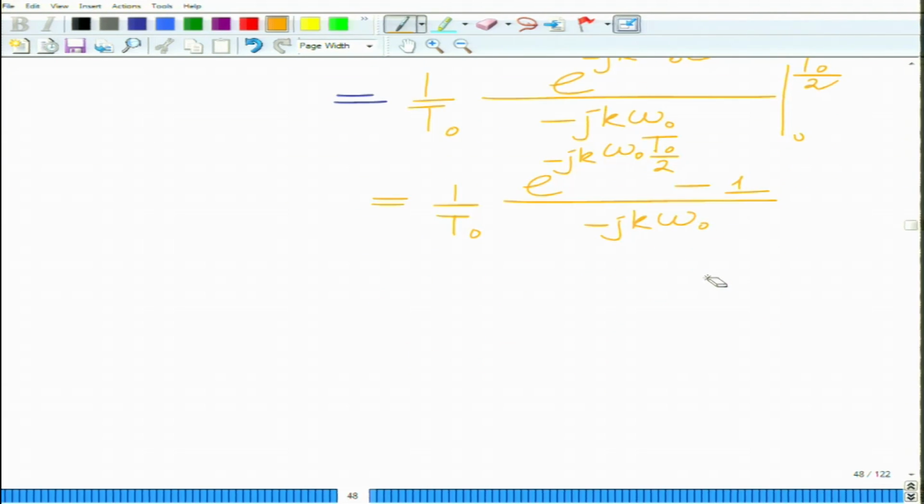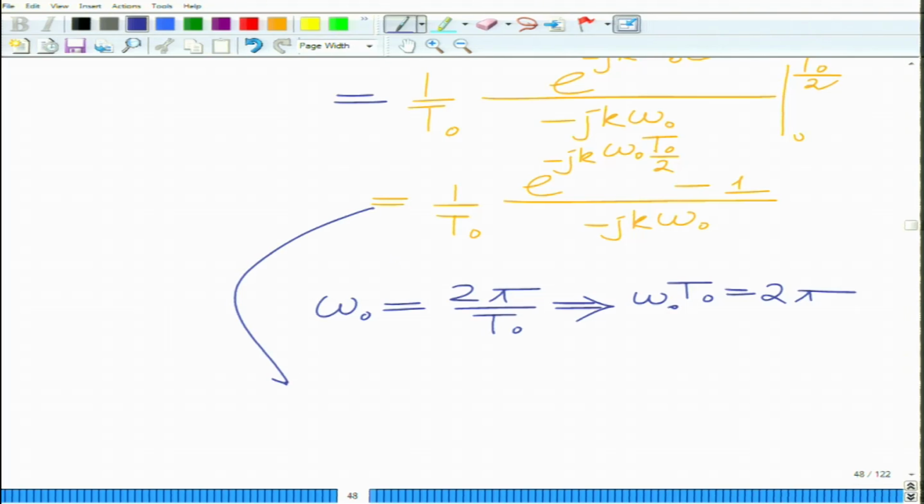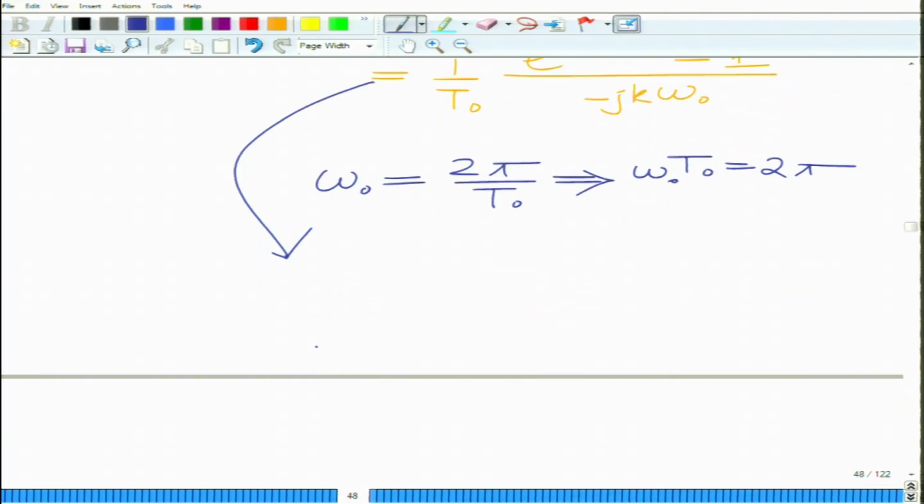Okay. And now realize that we have omega naught equals 2 pi by T naught, which implies omega naught T naught equals 2 pi, and therefore the expression for Ck can be simplified.